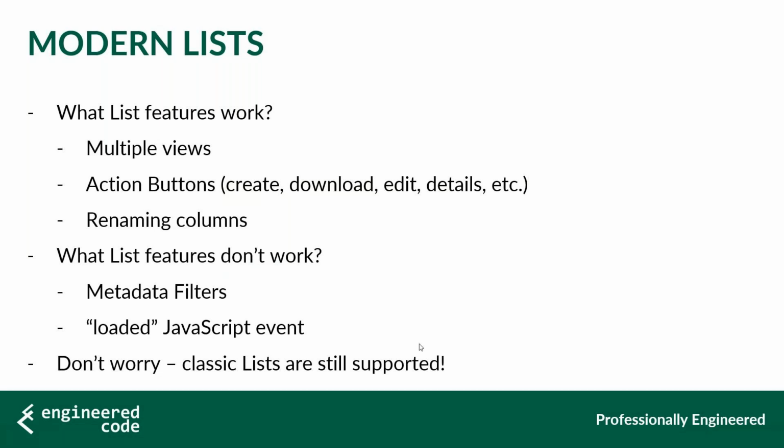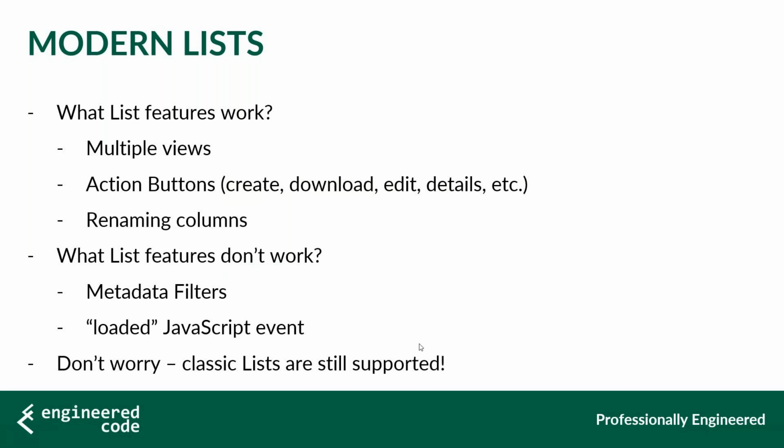The per row action items, whether you want to add edit or details buttons, even the run workflows, activate, deactivate buttons, are supported for modern lists. And there's also functionality where you can rename columns. If you rename a column in the Portals management app or the Power Pages management app, it will reflect that on your modern list.